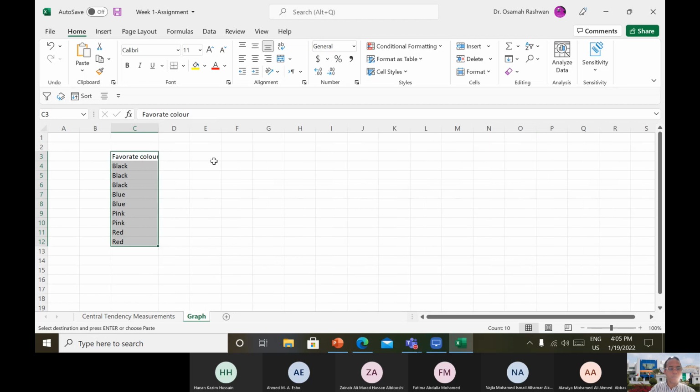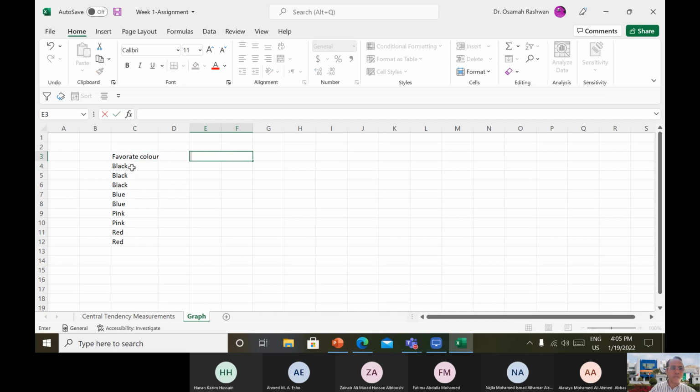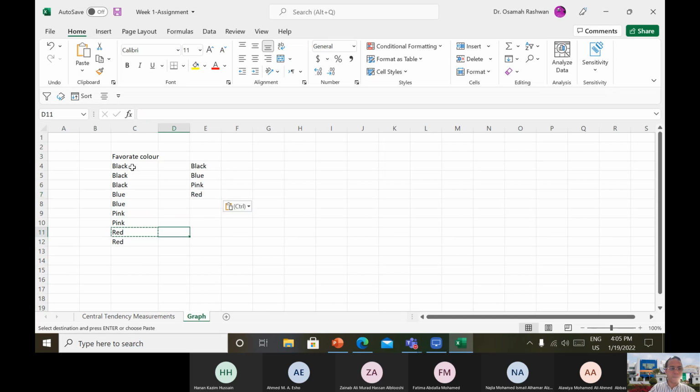So what I'm going to do, I should have a table here. Control C, Control V. This is what I have. I would like to graph only black and blue and pink and red. Okay, this is very small. Let's have more, right?